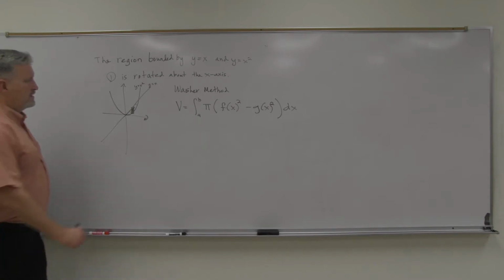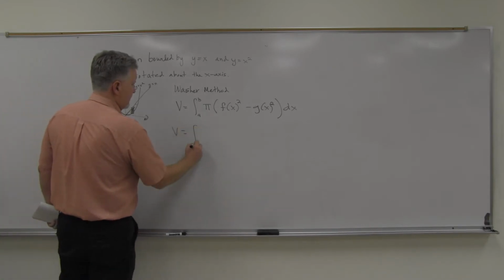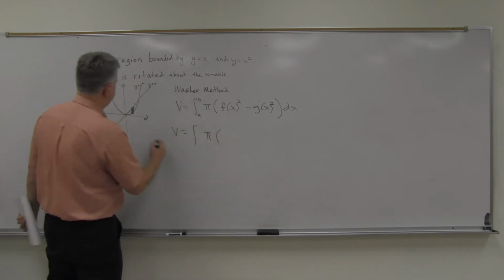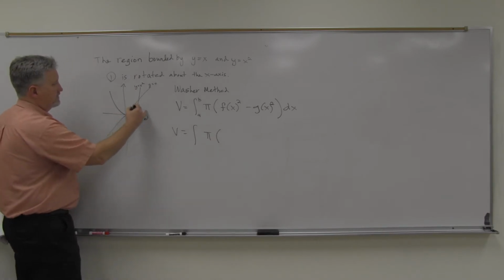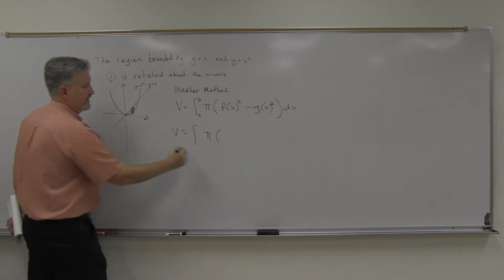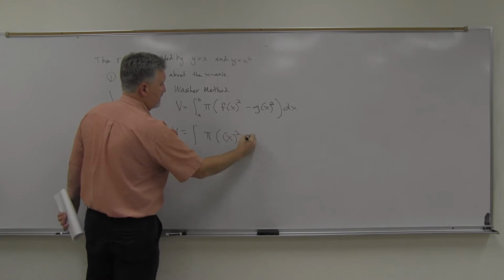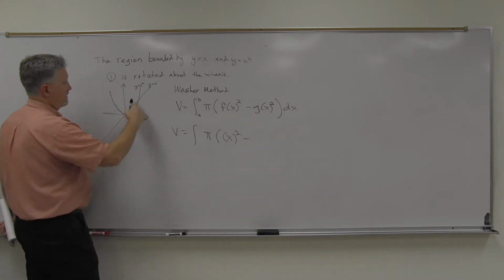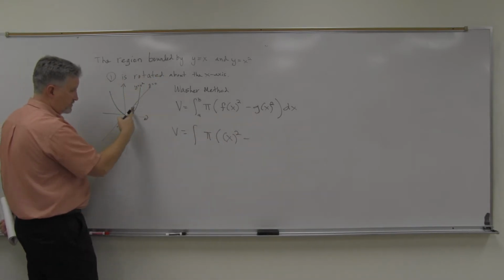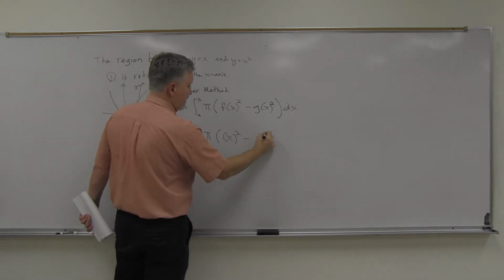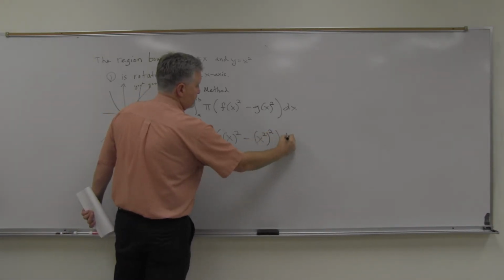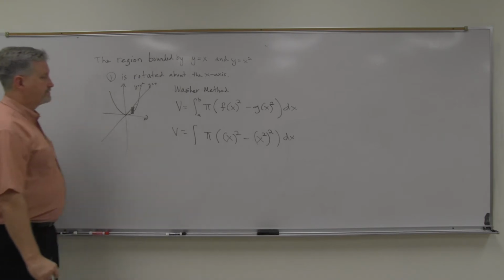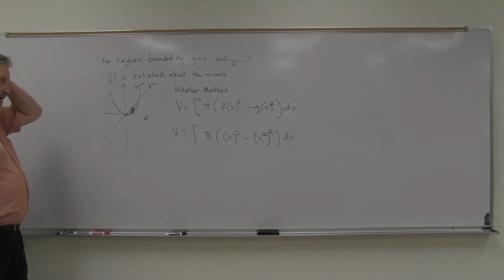And let's see what that is in this case. It'd be pi times, the outer or upper one here is the line y equals x, so we'd square the x. And then g of x squared would be the lower one, which is the x squared curve, so I would do x squared squared. Subtract those two and integrate.